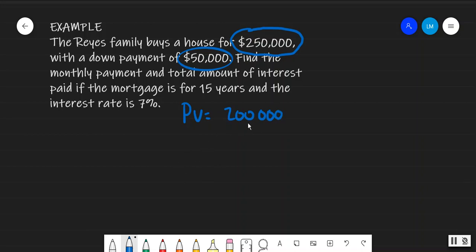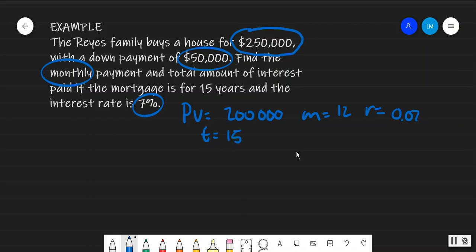Now, the other thing that we can sift through is that it's a monthly payment. So in that case, M is 12 and R is 0.07, and then T is just 15. This is like half of a typical mortgage.